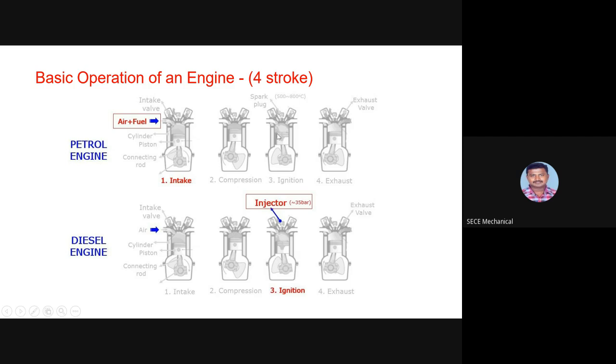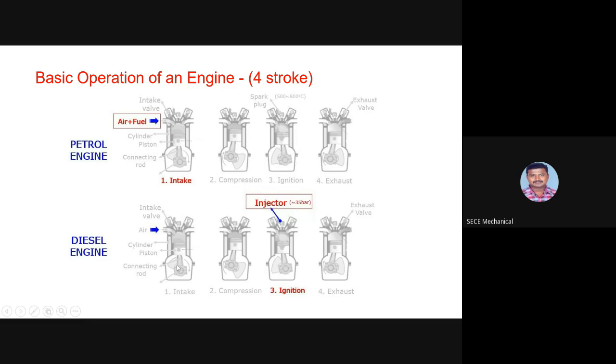Here the chemical energy is converted into heat or thermal energy, and then the thermal energy is converted into kinetic energy. The explosion happens inside the combustion chamber and the piston is pulled down, from top dead center to bottom dead center.